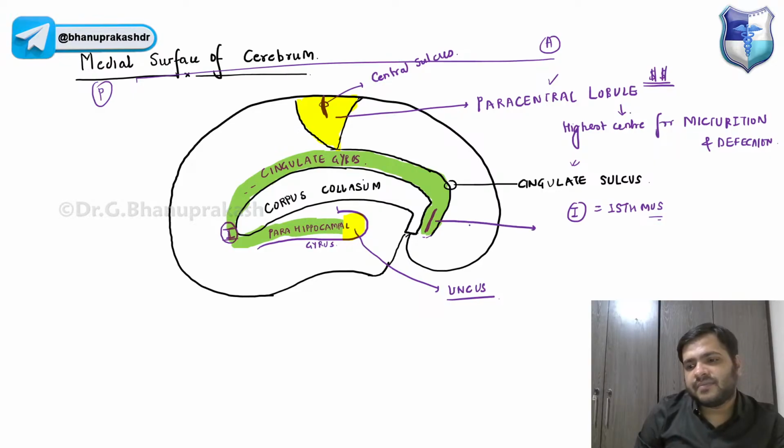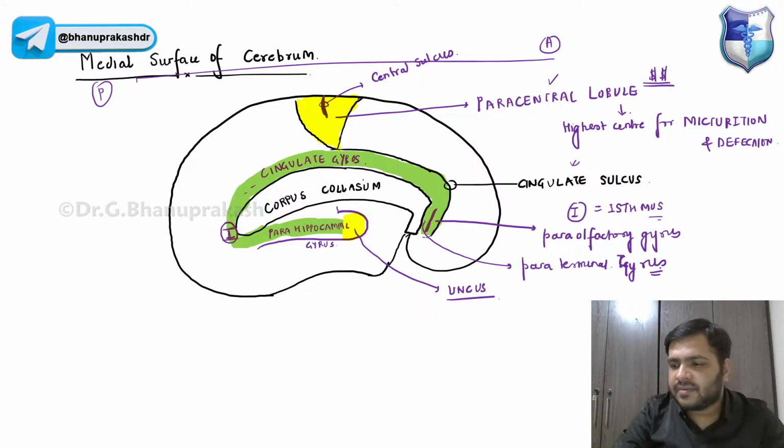This gyrus is called the paraolfactory gyrus. And the one which is more inside, more deep, is called the paraterminal gyrus. Paraterminal gyrus, guys.